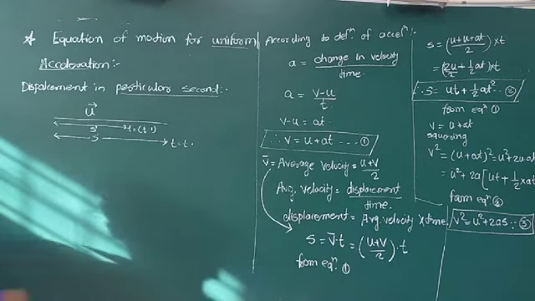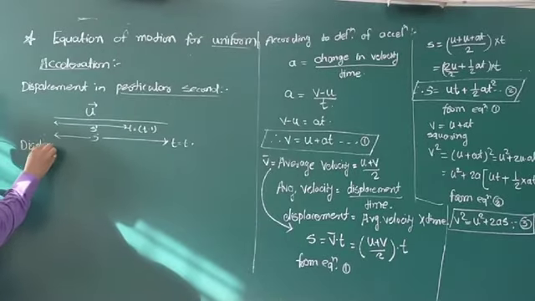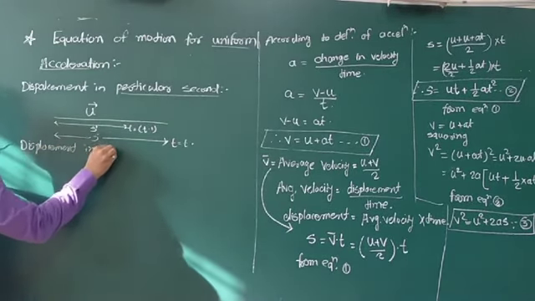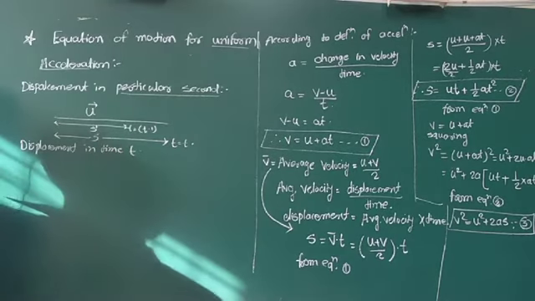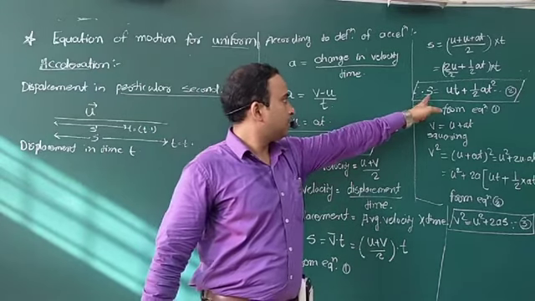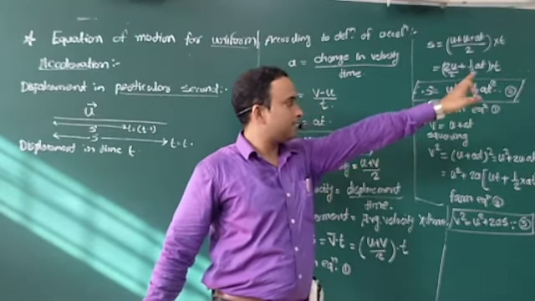Now to find the displacement in time t, s is the displacement, u is the initial velocity, t is the time, a is the acceleration.